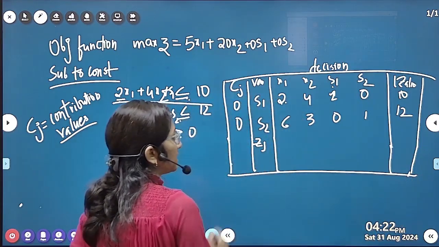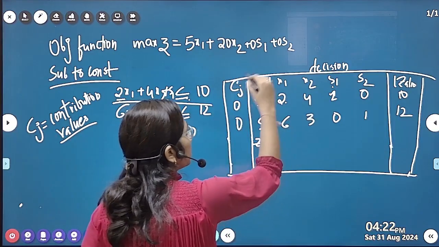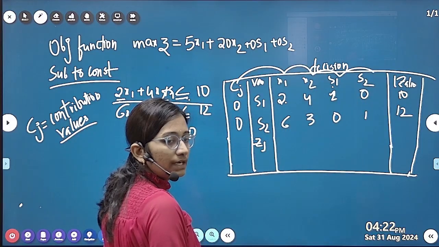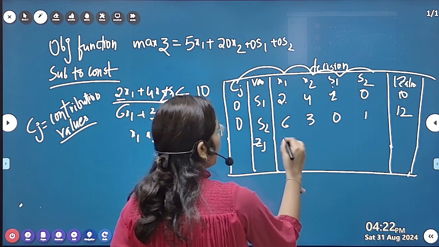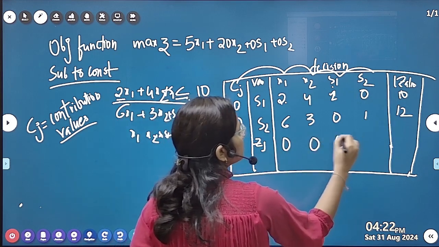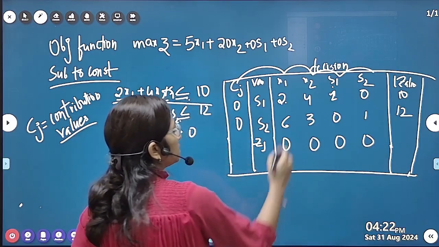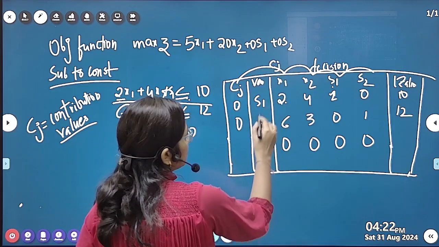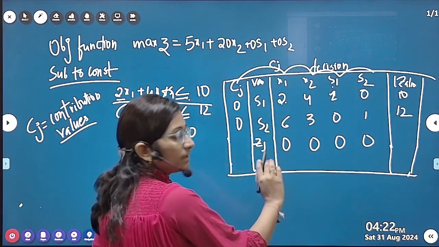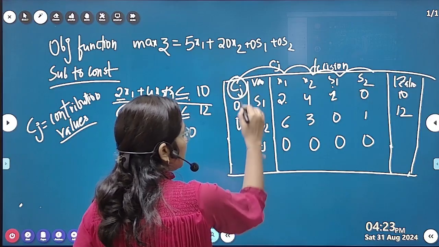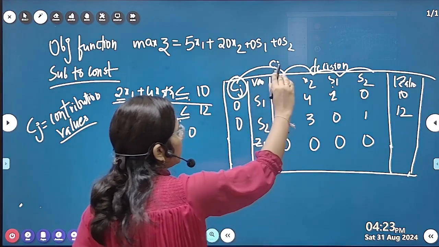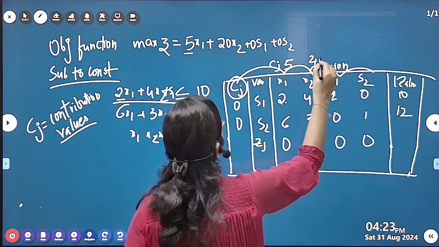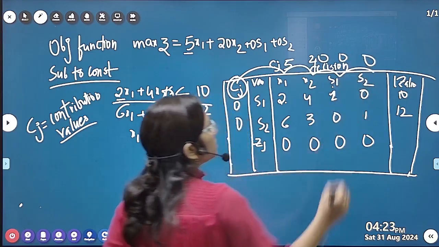So now we need to do the zj value. So zj is nothing but this 0 to be multiplied with this. 0 when multiplied with other values you will get what? 0, next 0, next 0, next 0. Actually, the Cj value for the slack variable is 0, but the Cj value for x1 is 5, and this is 20, and this is 0, and this is 0.